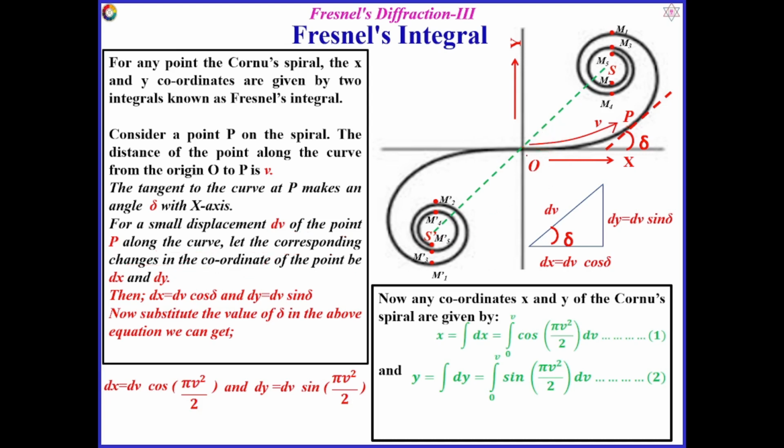See here, what is the change at point O? dx equals 0, dy equals 0. Now suppose this point moves a small distance on this curve from here to here.